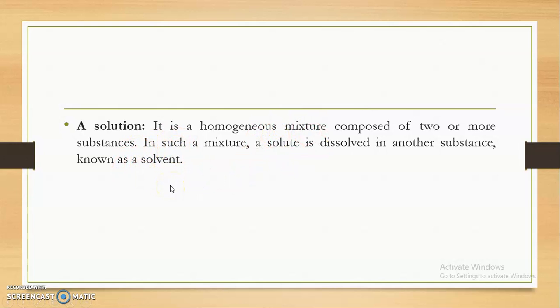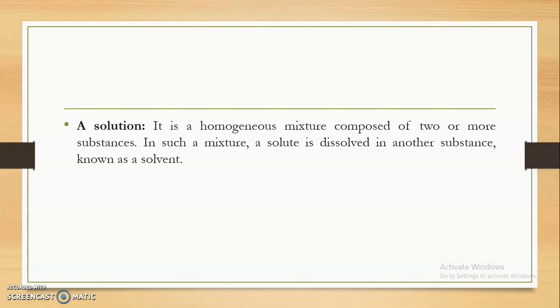For example, if we take sodium chloride, or you can say salt, and add it into the water, initially you can easily see the NaCl that is present in the water, but after some time it gets dissolved. Here, the salt that we have used is the solute, and water is the solvent.